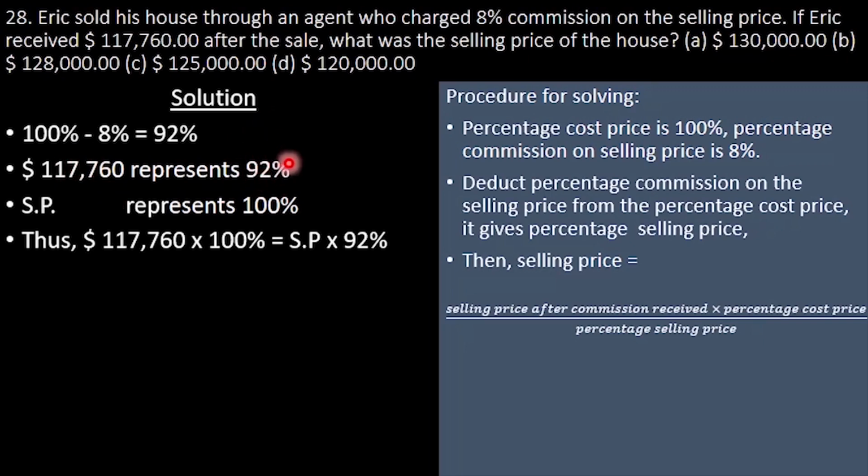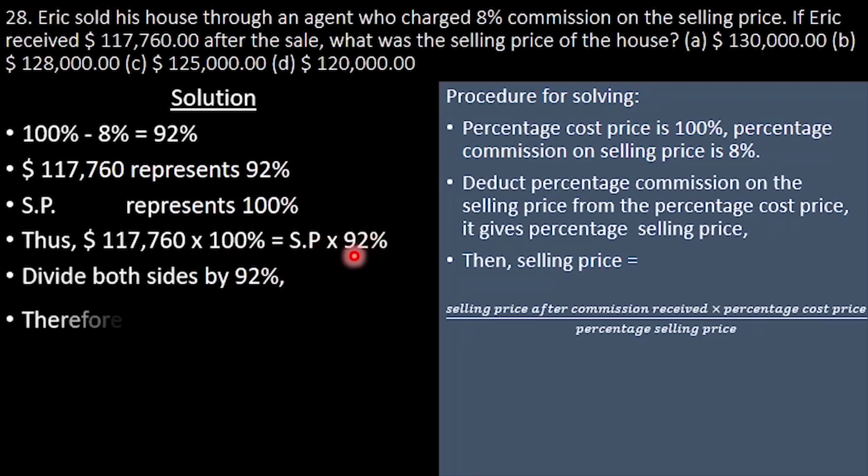The amount Eric received after the sale multiplied by the percentage cost price is equal to selling price times percentage selling price. Then divide both sides by 92%, which is the percentage selling price. Therefore, our selling price is equal to the amount received after commission times percentage cost price all over percentage selling price.